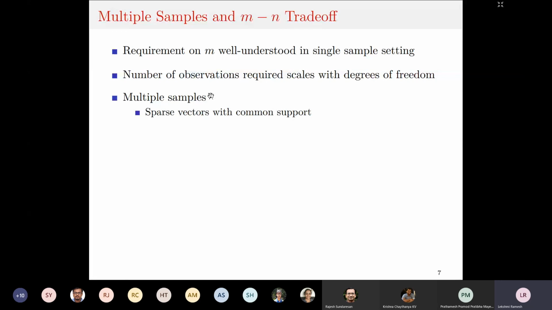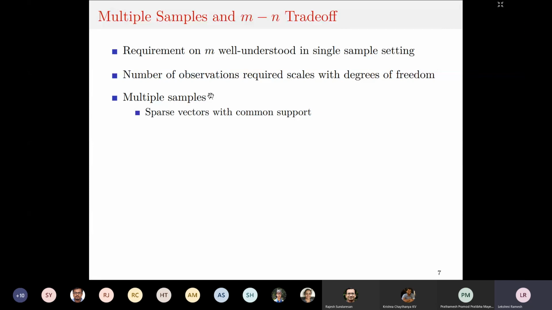So in the framework, these structured signals can be represented using elements from an atomic set. And the recovery algorithm basically tries to minimize some norm that is defined by that set. They call it the atomic norm. And the L1 norm and the nuclear norm are both special cases. So it's tied to that algorithmic framework.